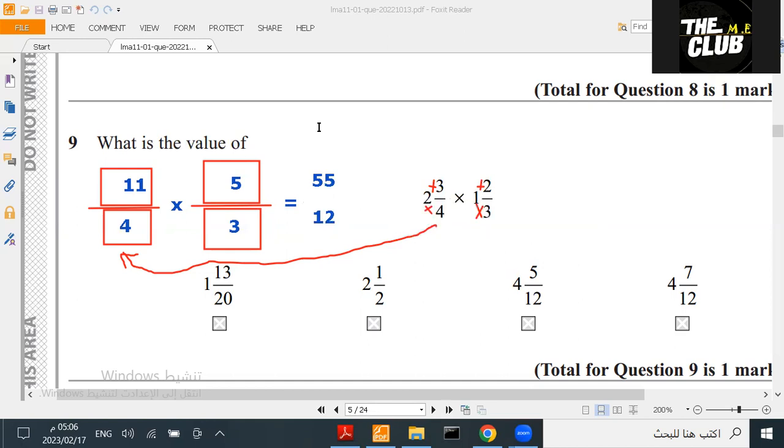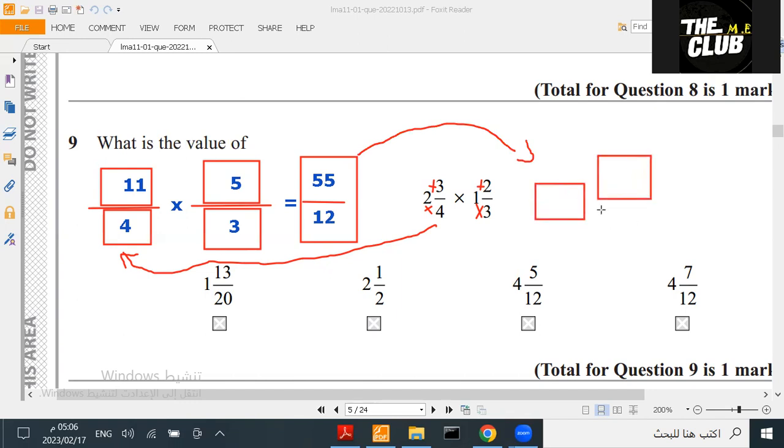So it's 55 divided by 12. If I use the calculator it will give me the same answer directly. Now this is the answer as an improper fraction. I'm showing you this so you have an idea of how to work this out if it's not an MCQ question.